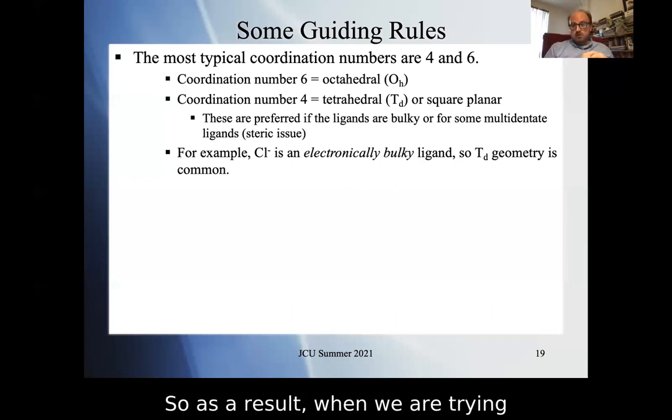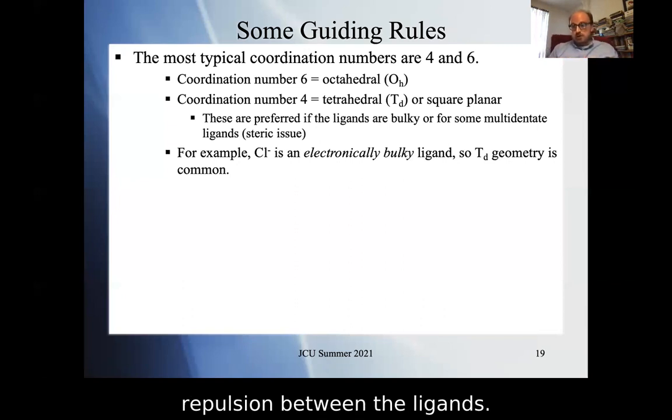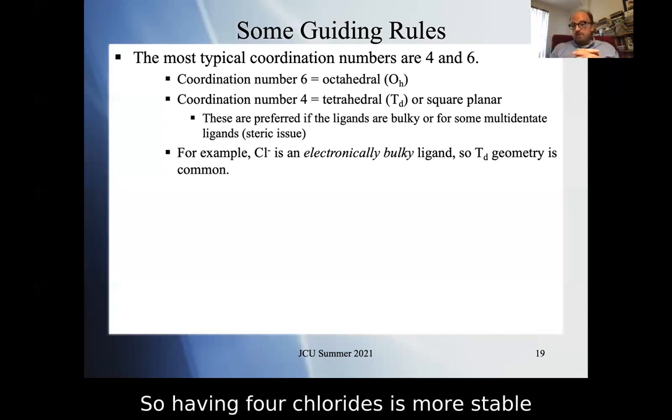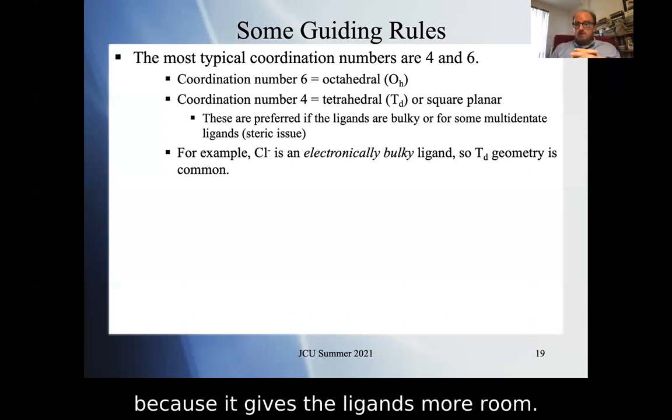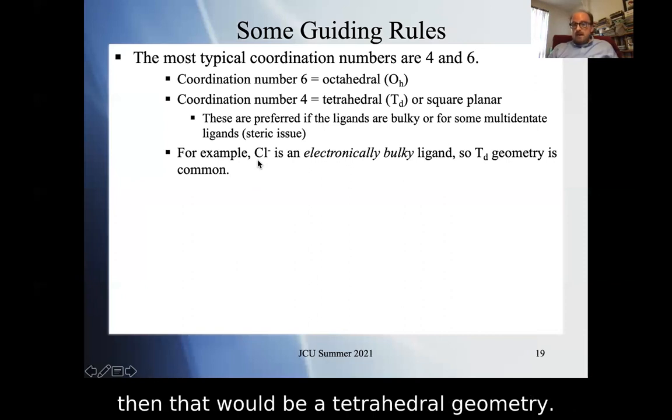So as a result, when we are trying to put it around a small transition metal, putting 6 of them causes too much electron-electron repulsion between the ligands, right? And electron-electron repulsion is bad, right? So having 4 chlorides is more stable because it gives the ligands more room. So that being said, if you think a complex forms with chloride, then that would be a tetrahedral geometry.